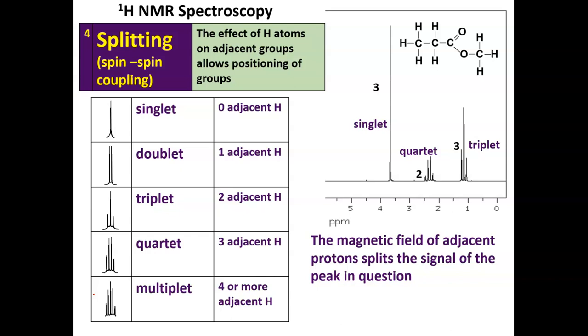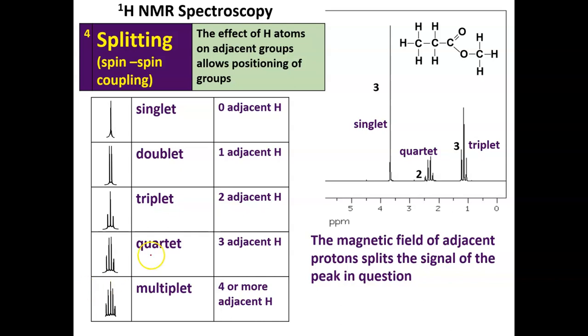Now, the important point here is not to be lost on you. The signal that we're looking at is influenced by the neighboring or adjacent protons. These are hydrogens on the carbon next door.